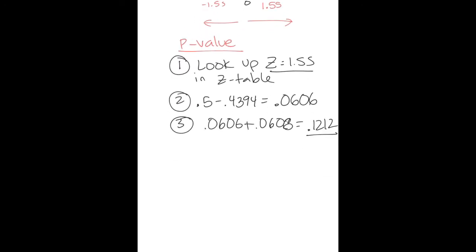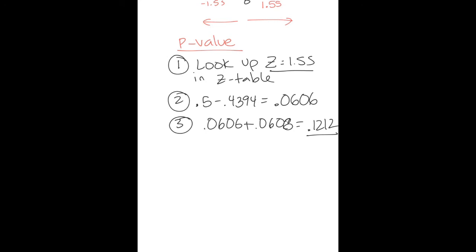So how do we interpret that? Well, what we would do with this p-value is first compare p to alpha. When p is greater than alpha, this further gives us evidence that we cannot reject the null.